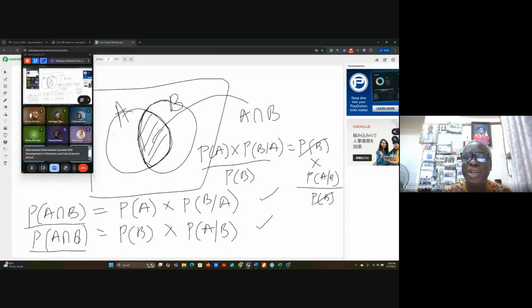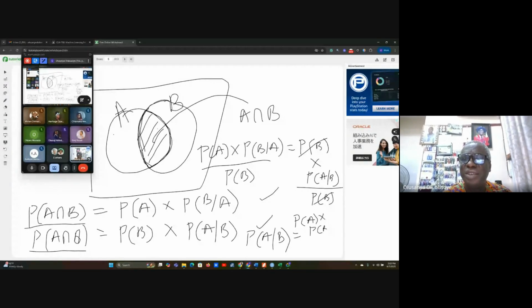So I am left with the probability of A given B equals the probability of A times the probability of B given A, divided by the probability of B.